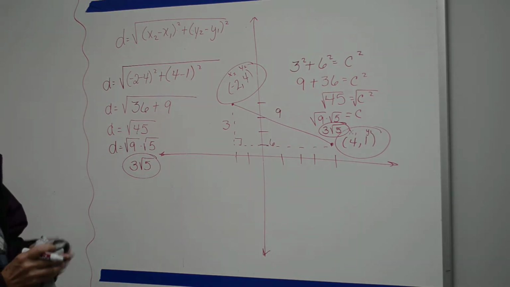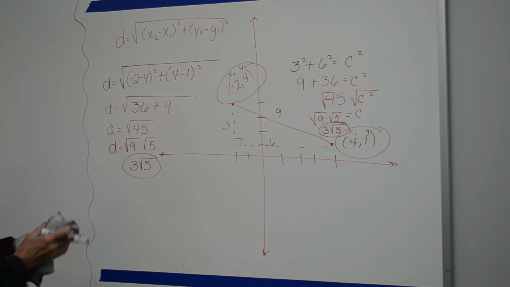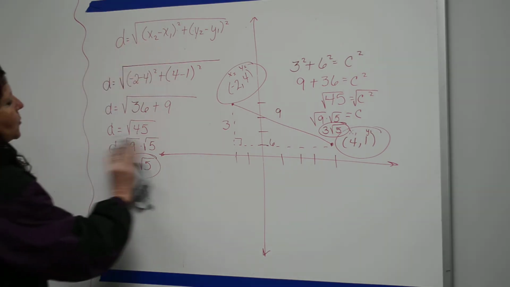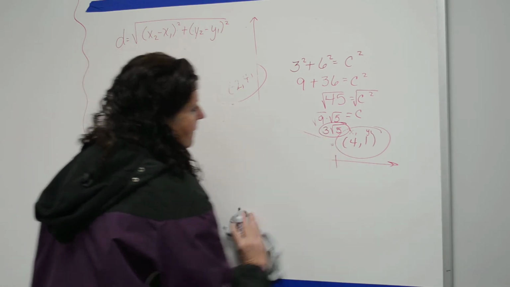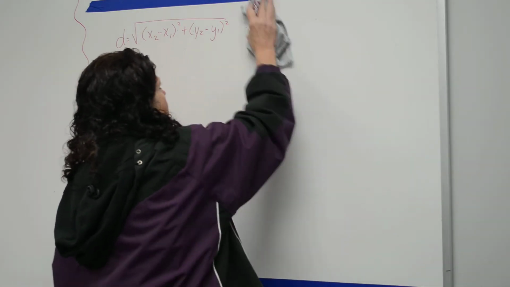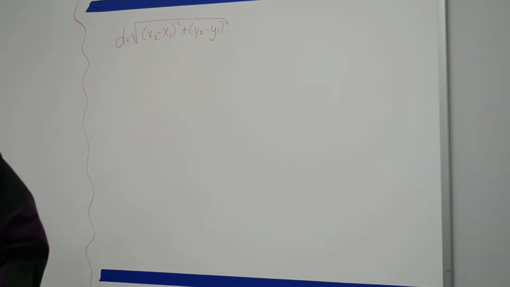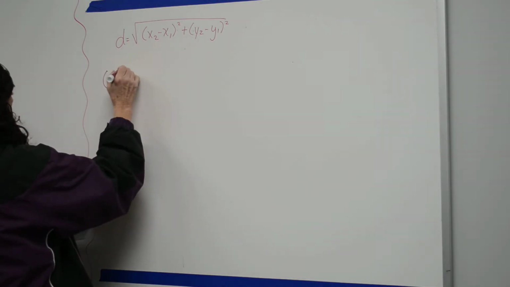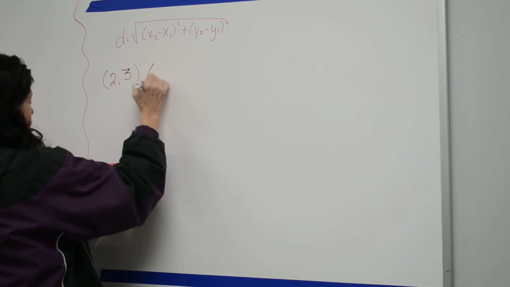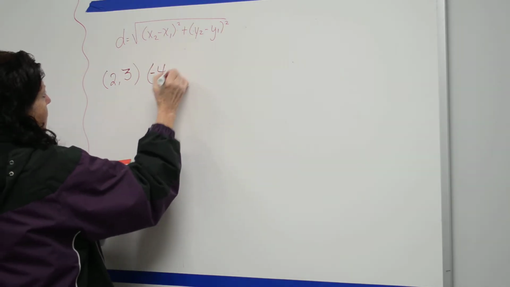Let's do another one of those without having the drawing on the coordinate plane. I'm going to leave the distance formula up there. Let's say they give you 2 points, (2, 3) and (-4, 6).